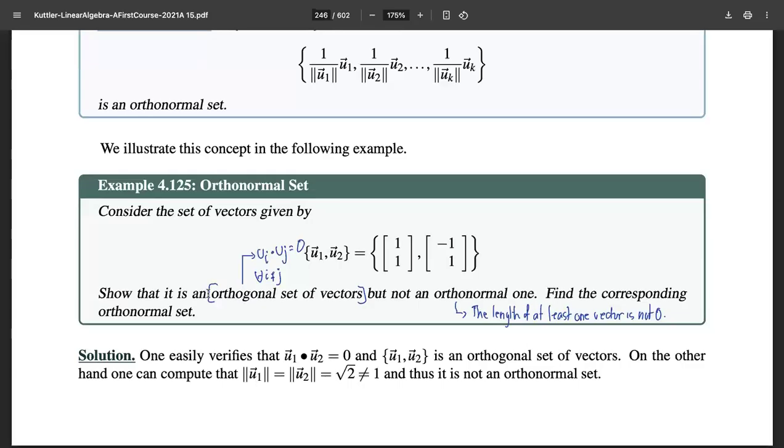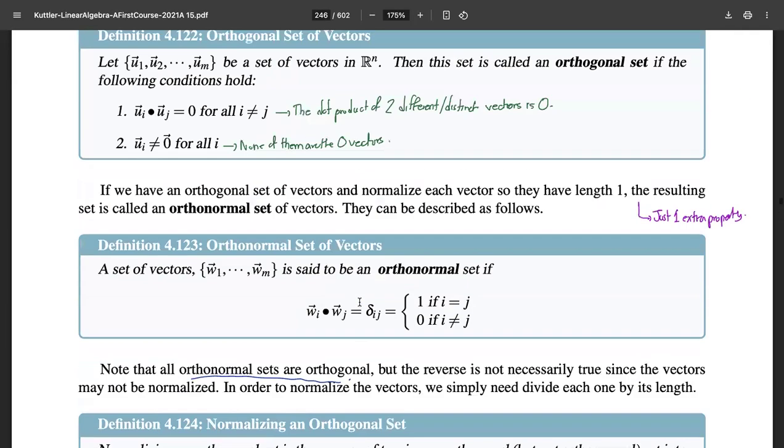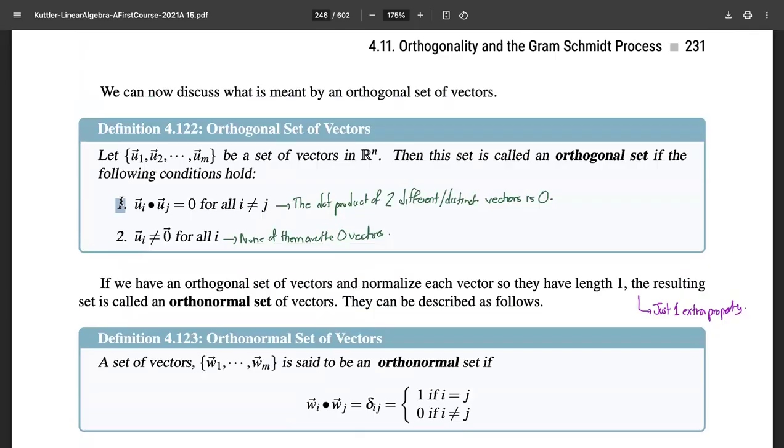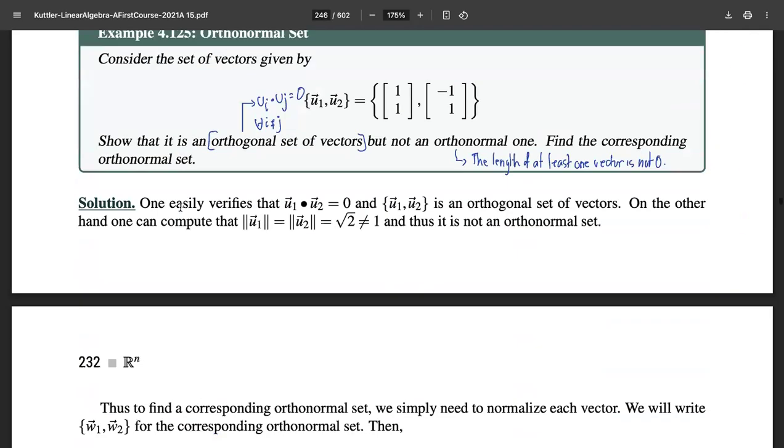So let's go through an example to illustrate this concept. Consider the set of vectors given like this. We want to show it's orthogonal. If it's orthogonal, condition 1 needs to be satisfied: for two different vectors, the dot product is 0.